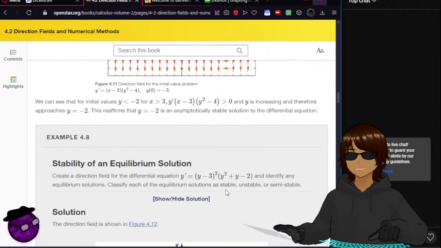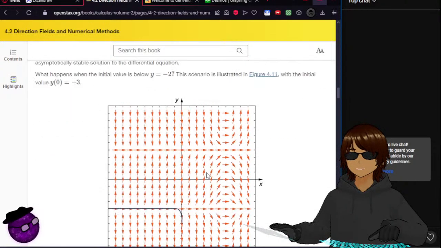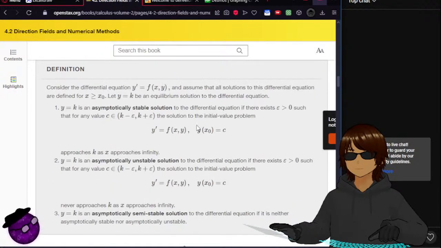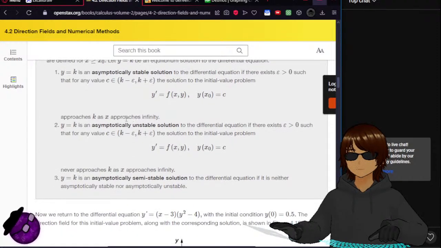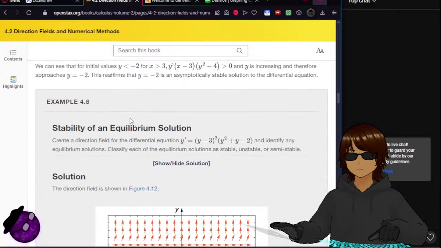What do you mean by stable, unstable, or semi-stable? Classify each of the equilibrium solutions as stable, unstable, or semi-stable.